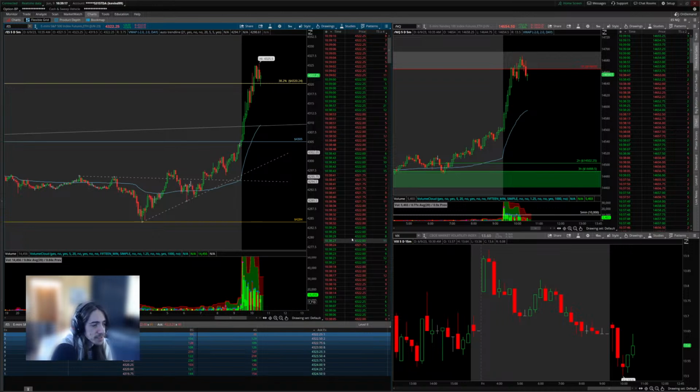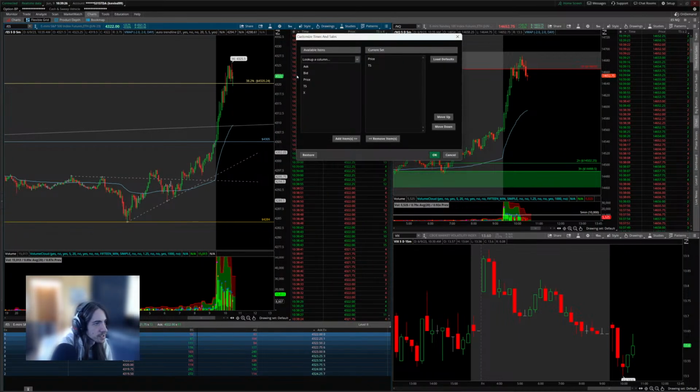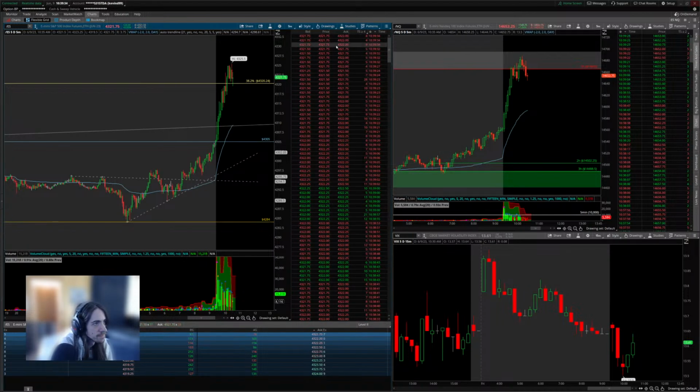So this isn't a DOM, this is time and sales. This is when orders print through the market. On Thinkorswim, what we could do here is customize and add the ask and the bid, and that's going to show us if this was bought on the bid or on the ask.